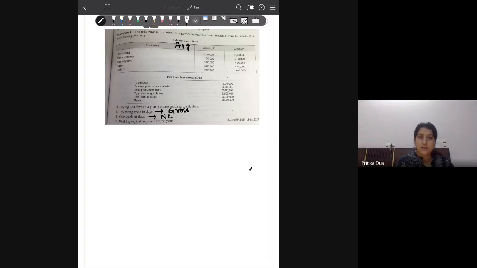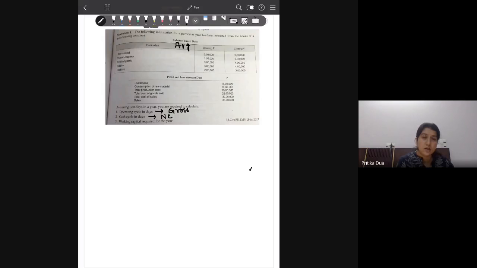So what we'll do is you first solve the first and second part, and then we'll take up the third part. I'll write the formulas so that it becomes convenient to solve, and then we'll discuss the answers.